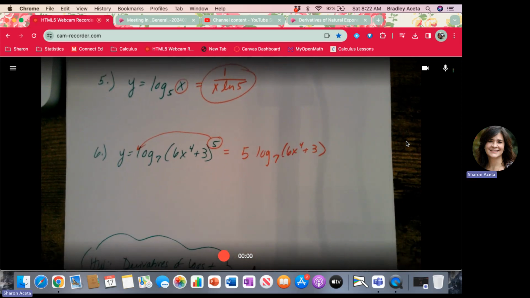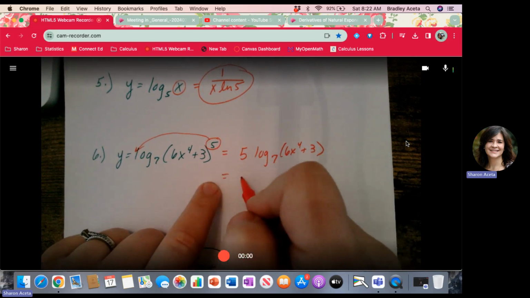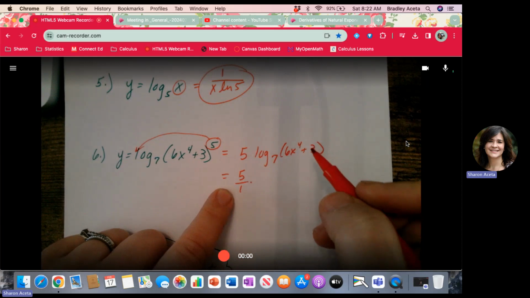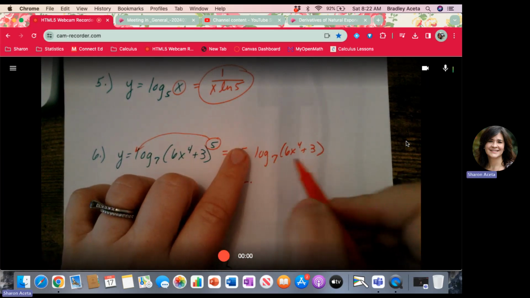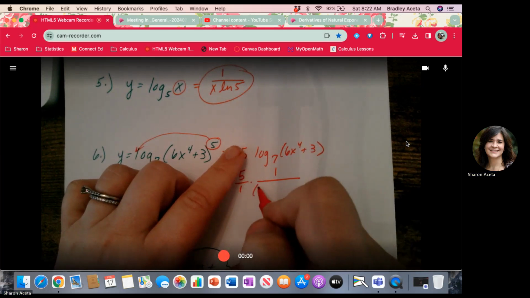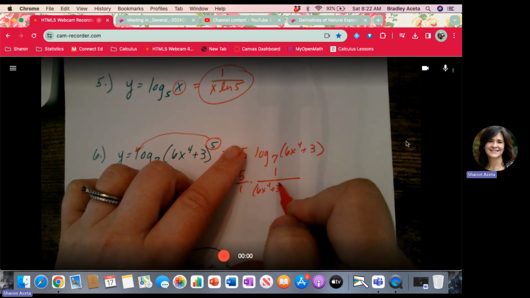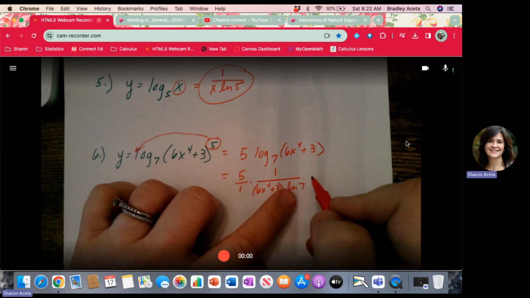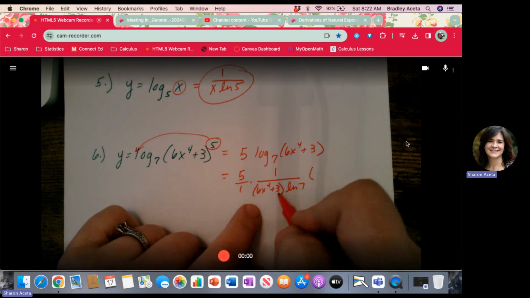All right, and what are we going to do? Well, keep that 5. It's just a coefficient. You can just get tagged on. You put it over 1 if you want to. Times the log of anything would be 1 over that whole thing, 6x to the 4 plus 3, ln the base, and then multiply by the chain of this.